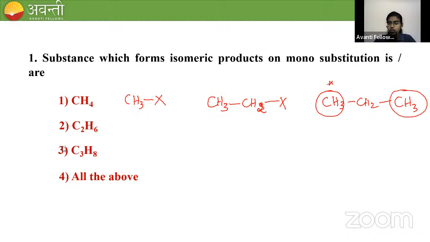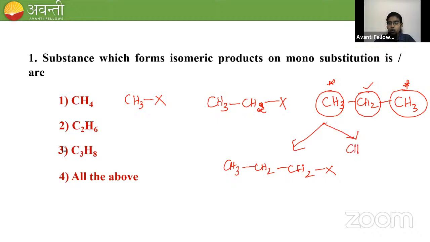If you replace any one of these hydrogens, you will end up with CH3CH2CH2X. The internal hydrogen is the second type. If you replace one of the internal hydrogens by a group called X, you will have CH3CHXCH3.